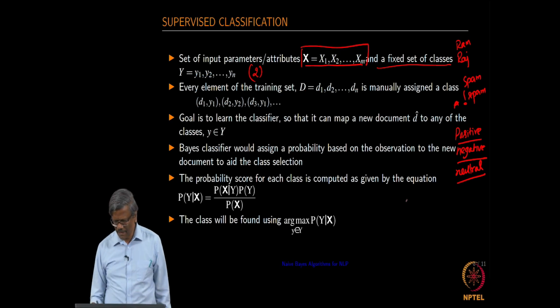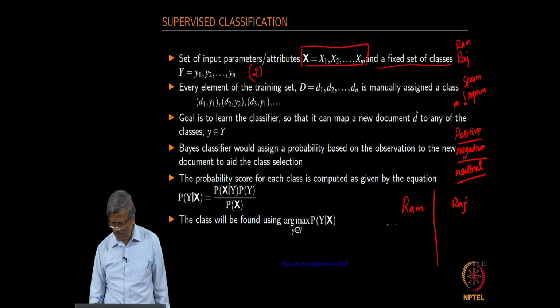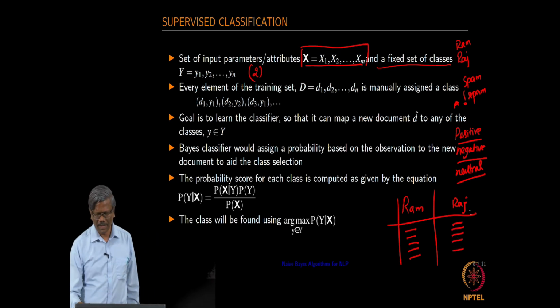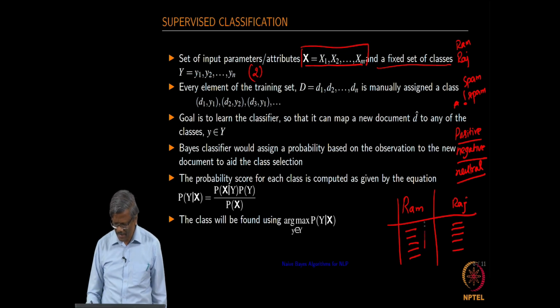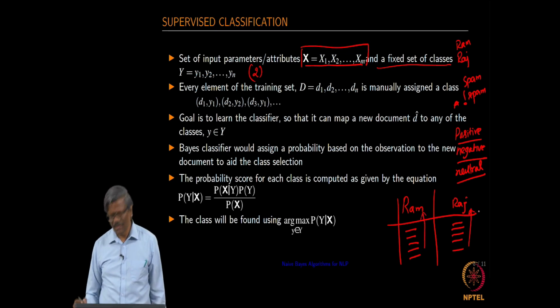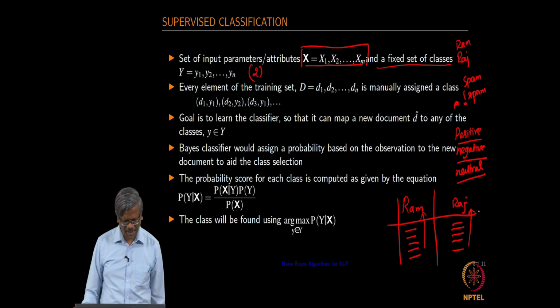So, we have a set of emails and we have assigned each one a class. So, that is the manual assignment that we have made.